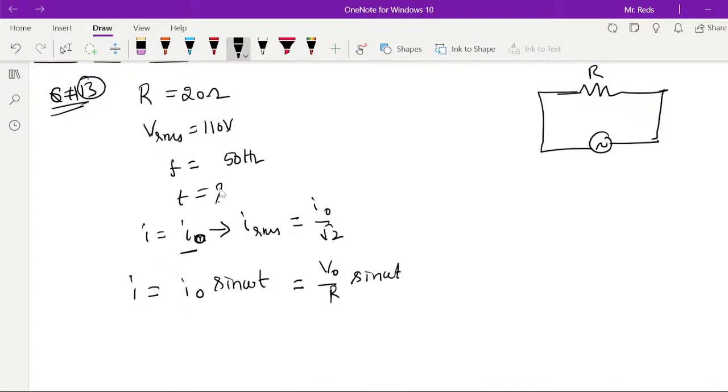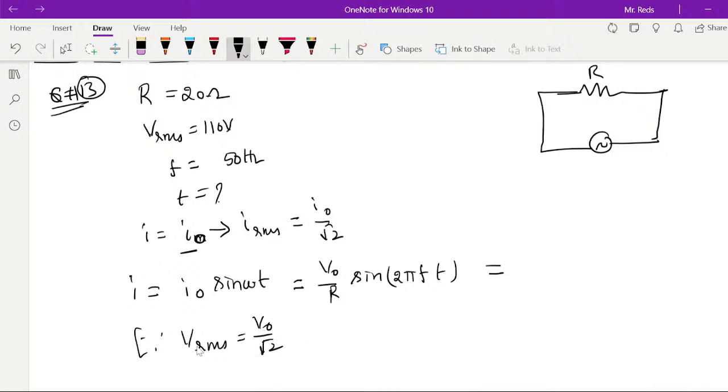Because frequency is given, let us rewrite omega as 2 pi f. Since V naught is not given and VRMS is given, you can write within brackets that VRMS is equal to V naught by root 2.